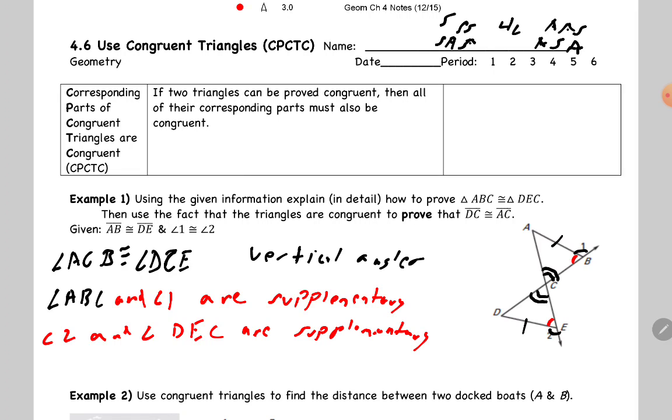Since angle 1 and 2 are the same, that means angle ABC and angle DEC are congruent. And that's by the congruent supplements theorem. If two things are supplementary to the same angle, then those angles are the same.